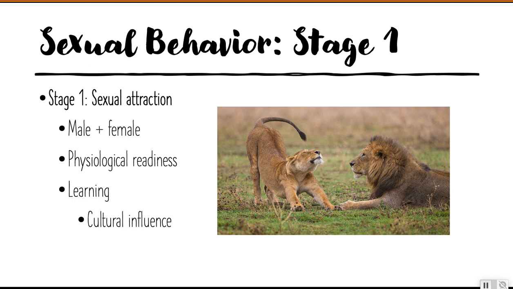There are different cultural influences of what is sexy and what is not sexy, and sexual experiences when people are young. And as it relates to animals, there are different signals that can help bring males and females together, and we're going to talk about what some of those are.